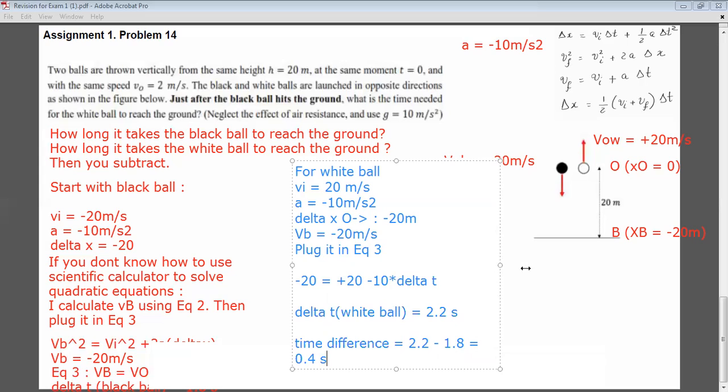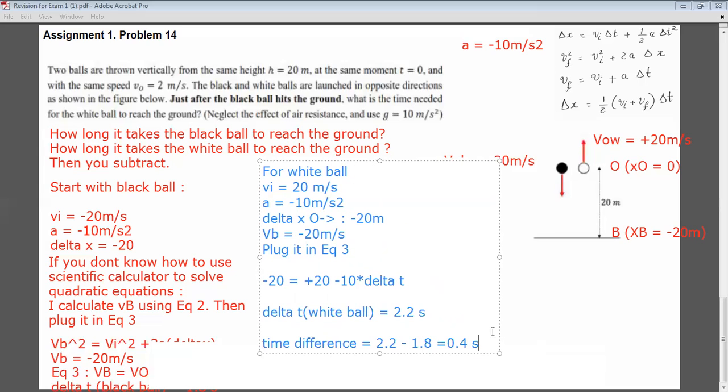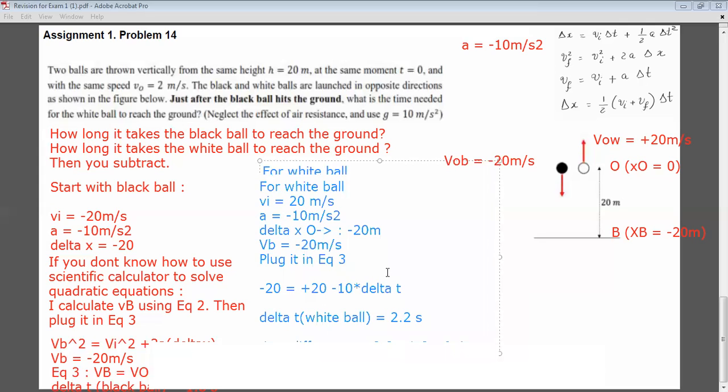Okay, so this was not a very straightforward exercise. You had to think a little bit about what it is asking you for, and your life will get easier if you learn how to use the scientific calculator to solve quadratic equations, because then you don't have to get V final and then from V final get delta t.